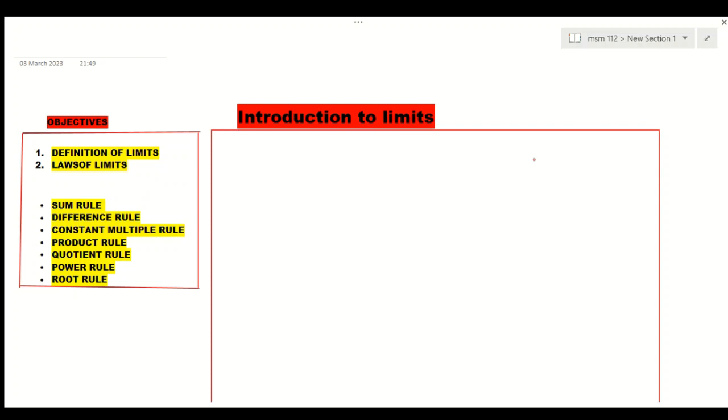So, I'll start with the definition of limits as the objectives are stating here. Then I'll come to the laws of limits. So these here are the laws of limits regarding the theorem 1. So this is the first theorem.